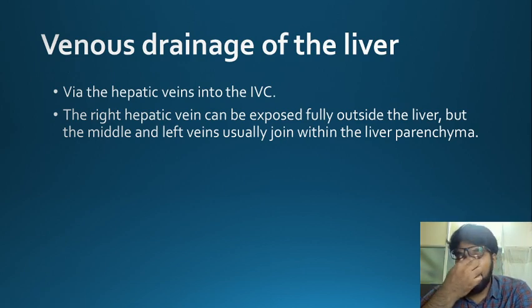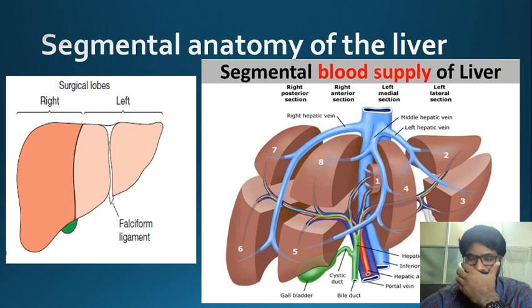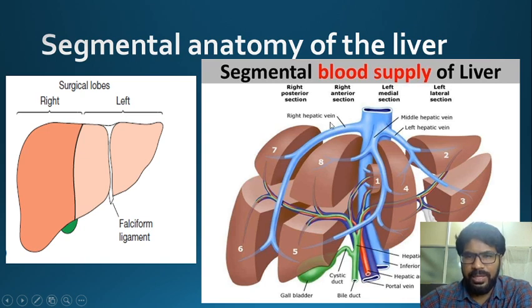Coming to the venous drainage. The venous drainage is into the inferior vena cava by three main hepatic veins: the right hepatic, the middle hepatic, and the left hepatic vein.